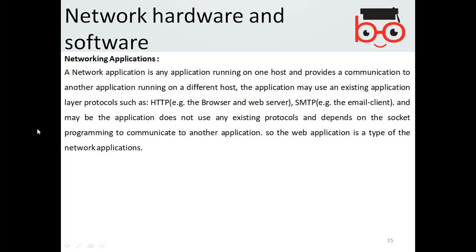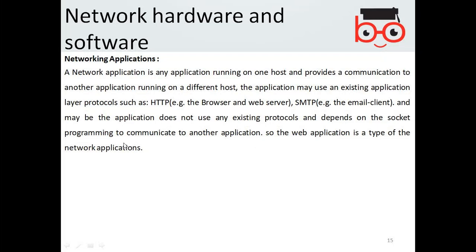The application may use an existing application layer protocol such as HTTP or SMTP, or maybe it does not use any protocol and depends on socket programming to communicate with another application. So a web application is a type of network application.